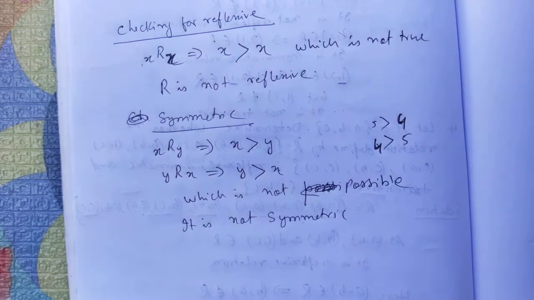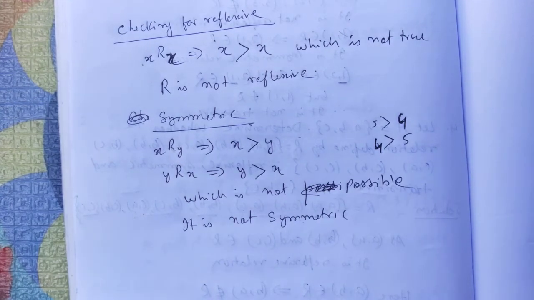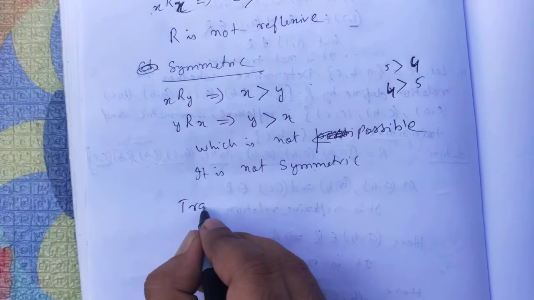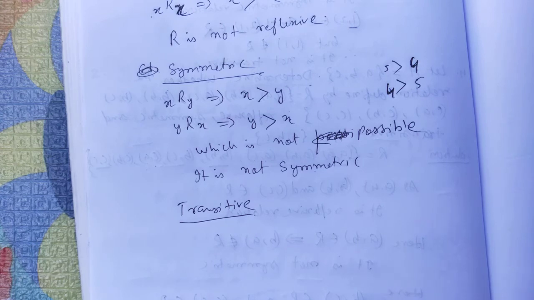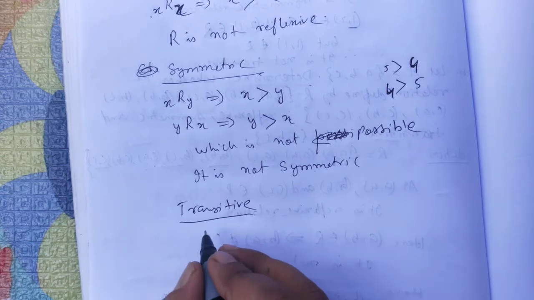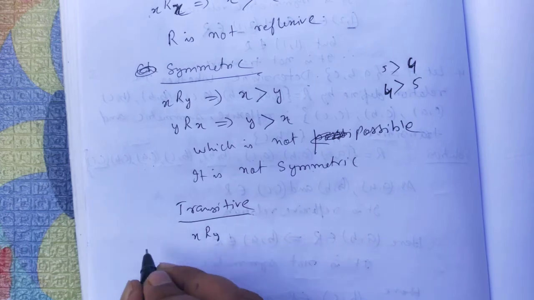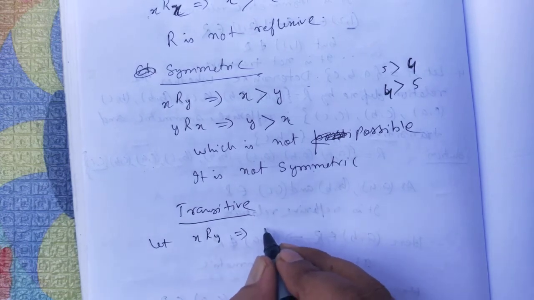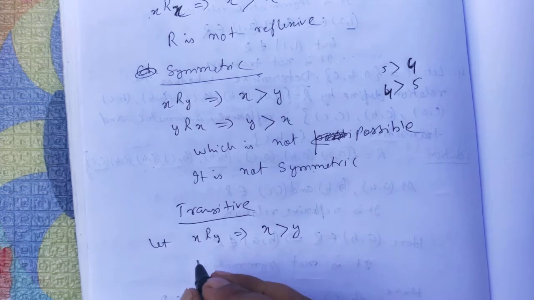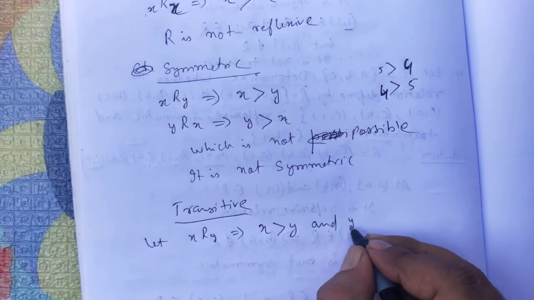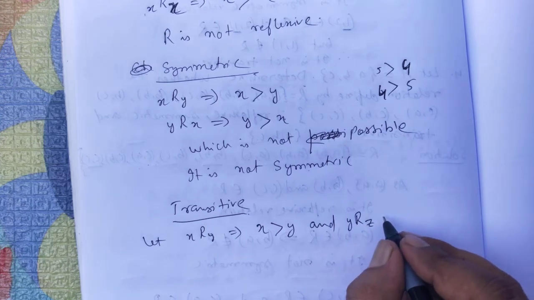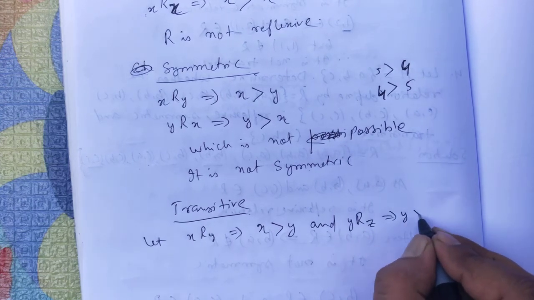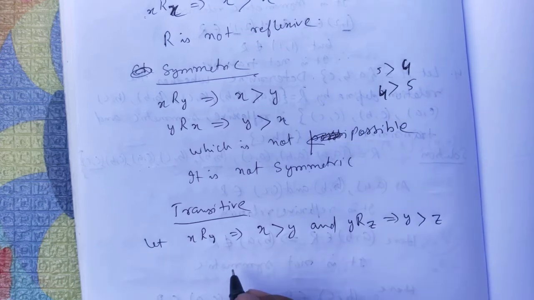Next is transitive. Let's check for transitive. x related to y implies x is greater than y, and y related to z, suppose the third element comes in transitive, implies y is greater than z.